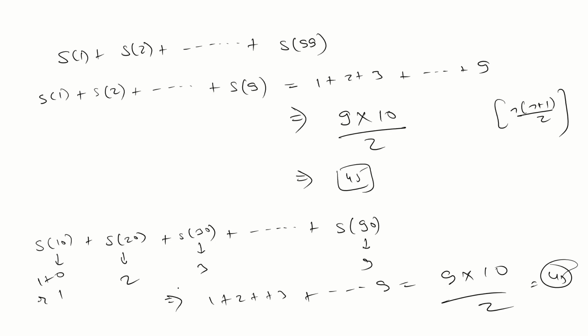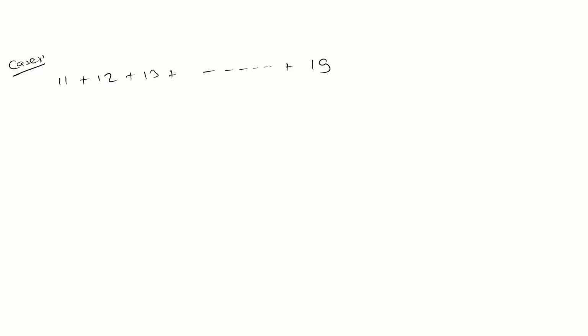Okay, so can we find the value? Suppose we take case 1, from 11: S of 11, S of 12, up till 19, because we have already taken 20 in this part. Okay, guys, that's fine.